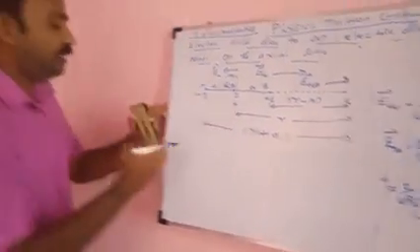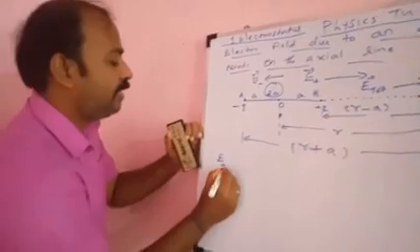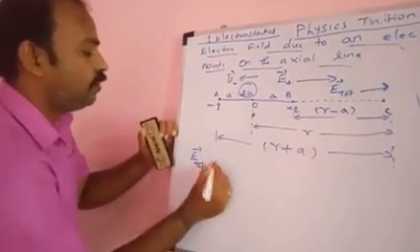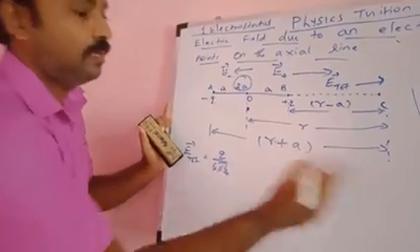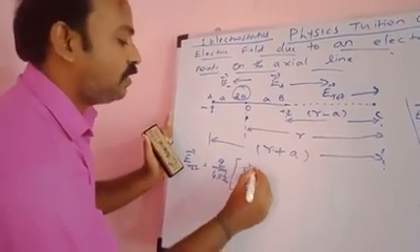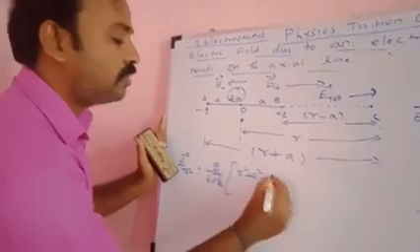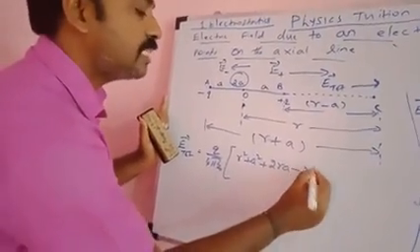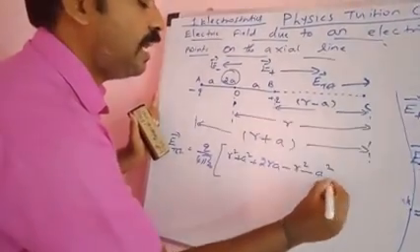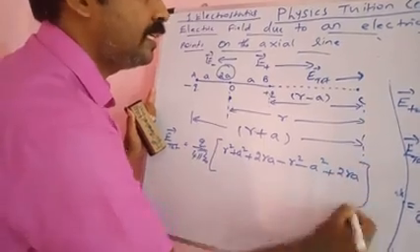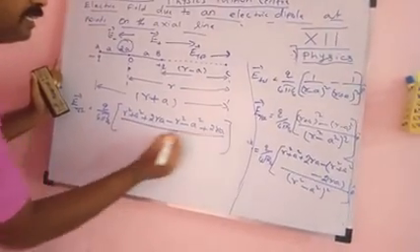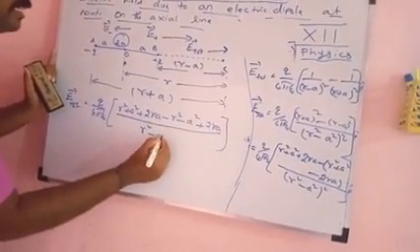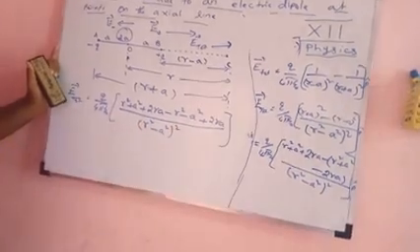After simplification, E total is equal to q by 4 pi epsilon 0 into r squared plus a squared plus 2ra, minus r squared minus a squared plus 2ra, by entering this minus into the bracket value, then divided by (r squared minus a squared) the whole squared.